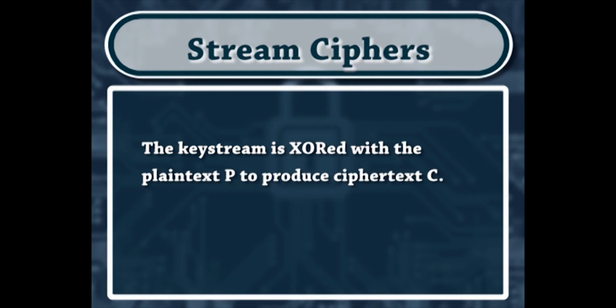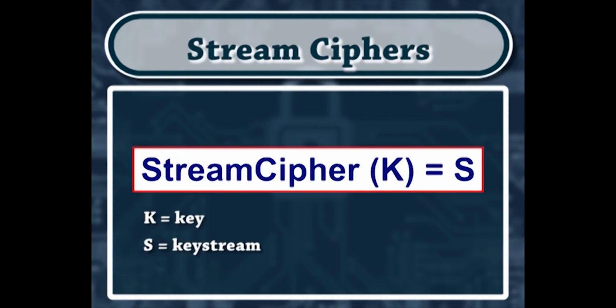The same key stream is used to recover the plaintext P from the ciphertext C. The function of a stream cipher can be viewed simply as StreamCipher(K) = S, where K is the key and S is the resulting key stream. Remember, the key stream is not ciphertext, but instead simply a string of bits.